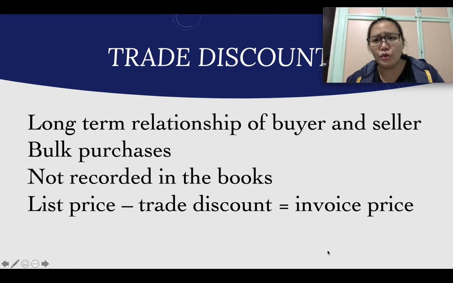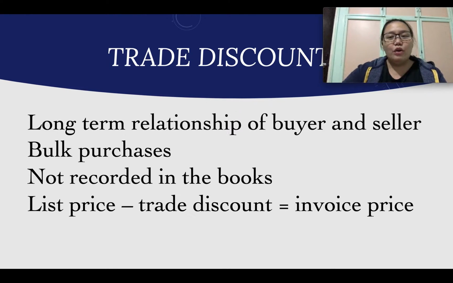Okay? Another thing that you need to remember about trade discounts is that if you are given multiple trade discounts, just like our example earlier, when the seller gave you a 10% and then a 20% discount, you cannot add the two. 10 plus 20 equals 30% and then deduct that from the list price. You cannot do that, no?